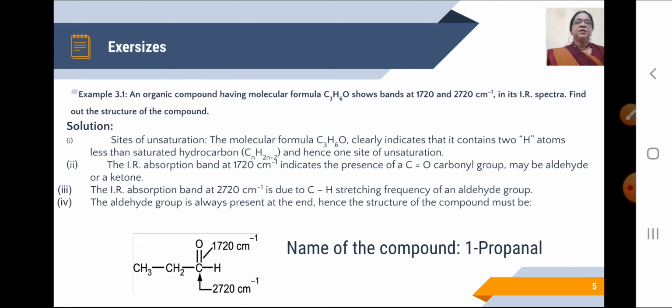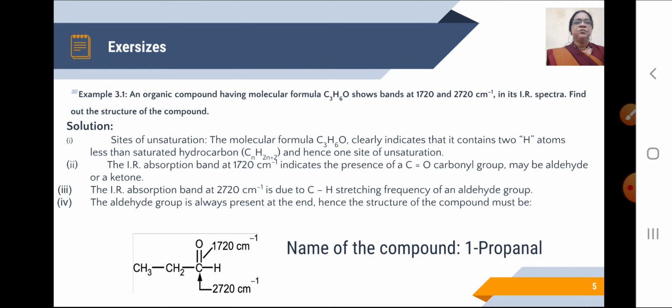Now the third one, the IR absorption band at 2720 per centimeter is due to the CH stretching frequency of an aldehyde group. If it is present at 2720, this is due to the CH stretch in the aldehyde group, and the absorption band at 2720 per centimeter indicates the presence of the CHO group.